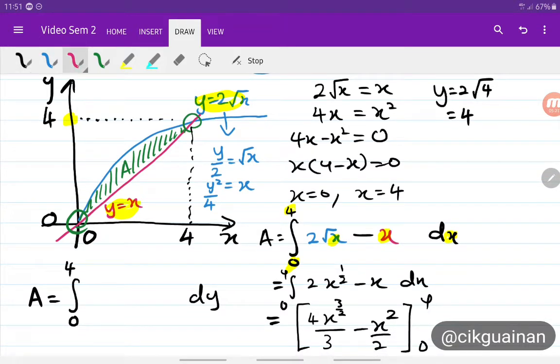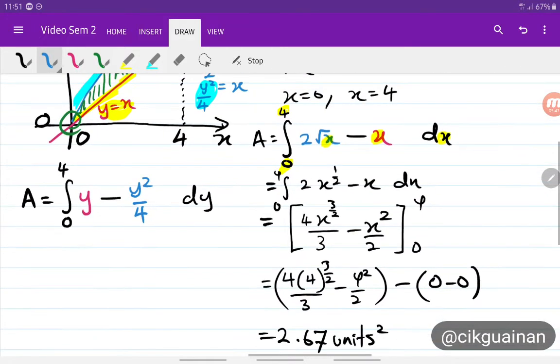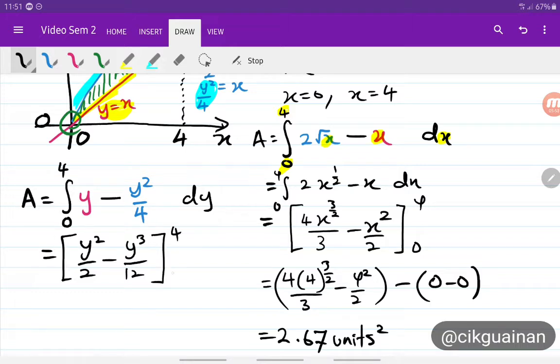Now we want to integrate with respect to y, so we need the right curve minus the left curve. The right curve is the red one, y, minus the left curve, the one in blue, which is the new function that we discovered over here, y squared over 4. So we get y squared over 2 minus y cubed over 12, from 0 to 4.